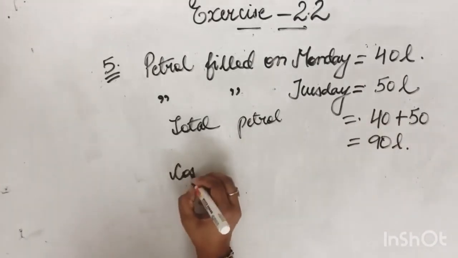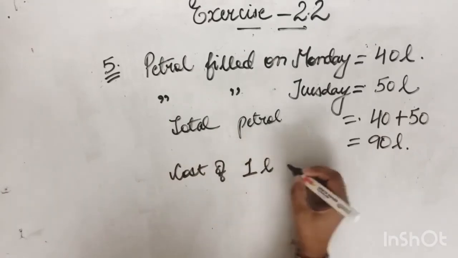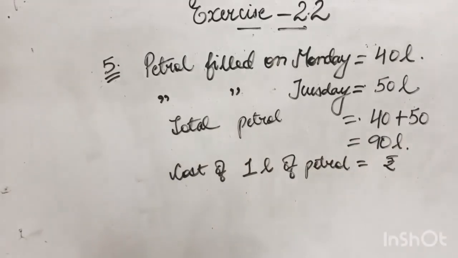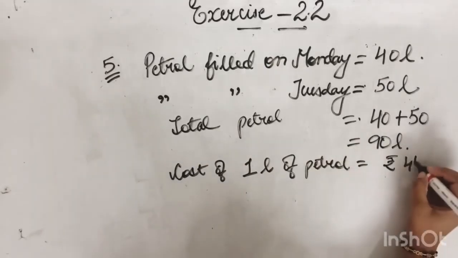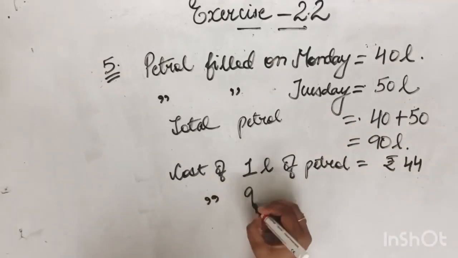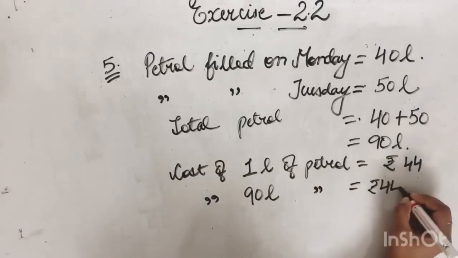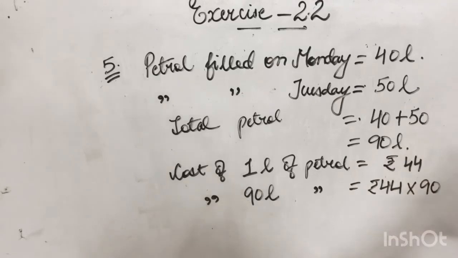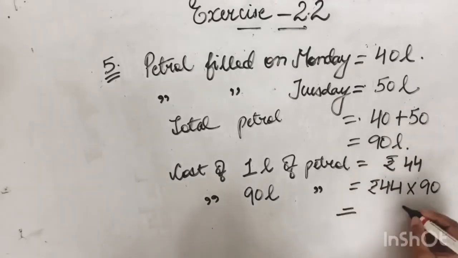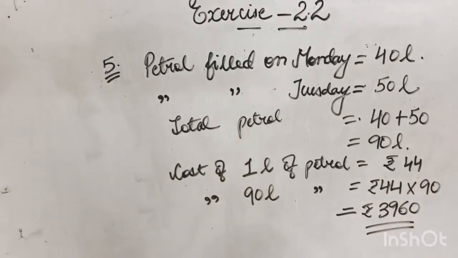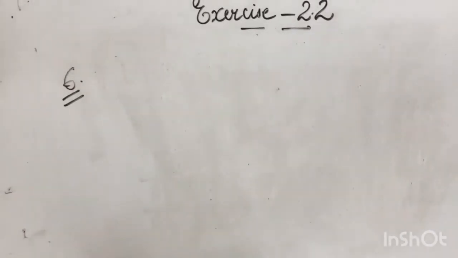Now the cost of 1 liter of petrol is rupees 44. So the cost of 90 liters of petrol will be rupees 44 into 90, which is rupees 3,960.